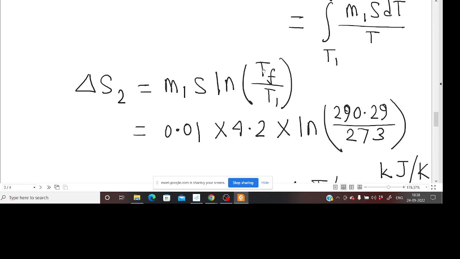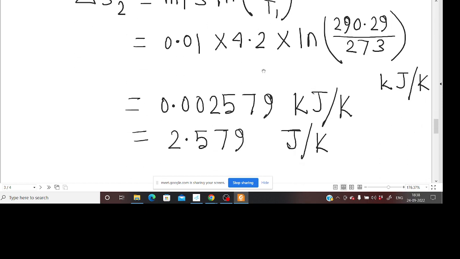Tf is 290.29, and Ti, the initial temperature, is 273 Kelvin. So just simplify it and write it in joule per Kelvin.